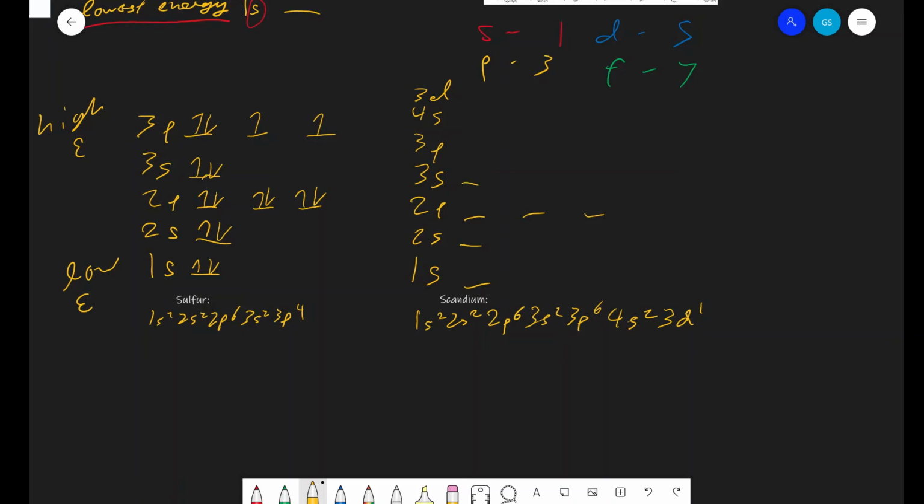Okay, 3s, 1, 2, 3, 4s. Okay, now we're in the d orbital. So there's 1, 2, 3, 4, 5.